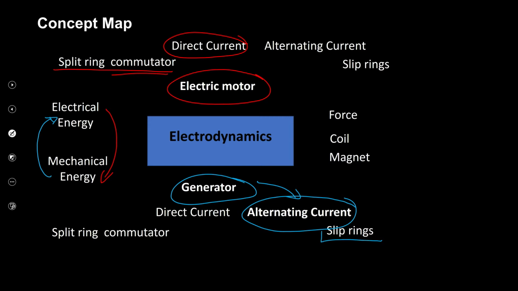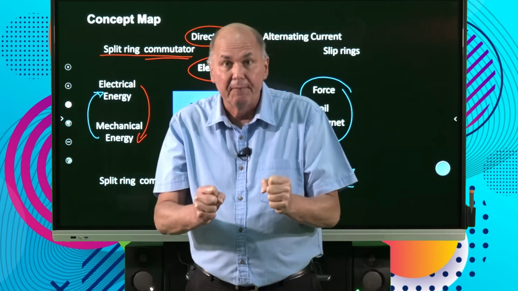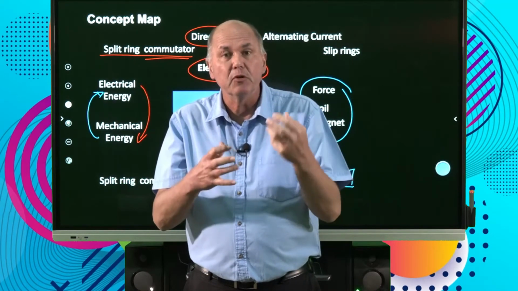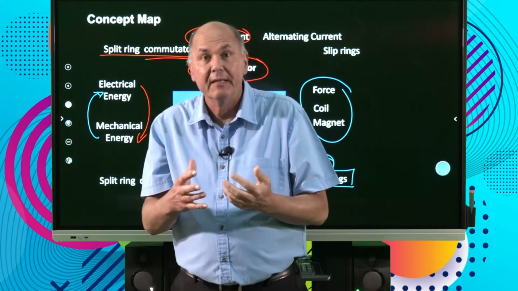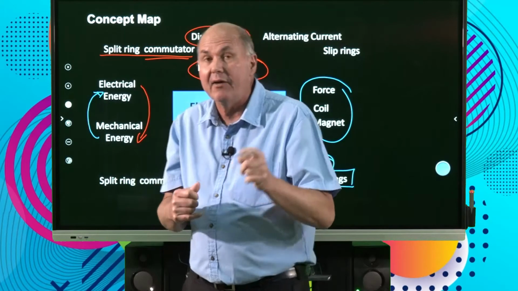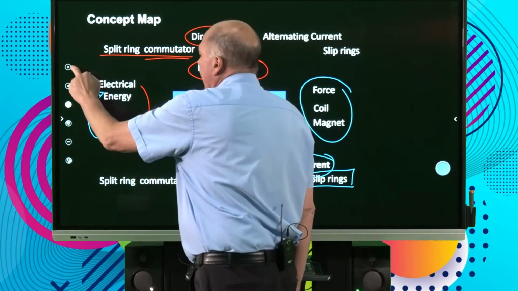It has slip rings. And the whole relationship between this is driven by the idea of electromagnetic induction, Faraday's law. It's applying that relationship between force, current, and the magnetic field. And we're going to see exactly how that produces alternating current and the effect of that as we go through this.